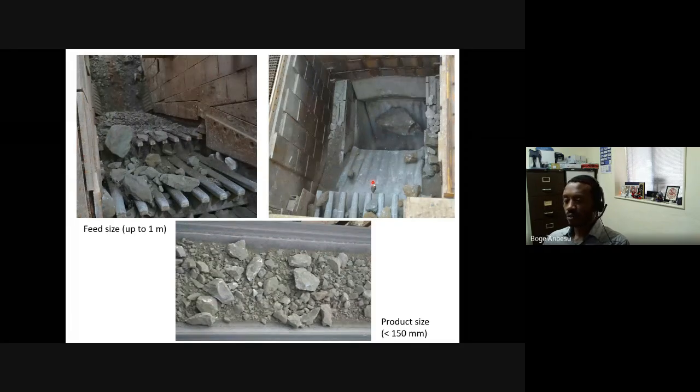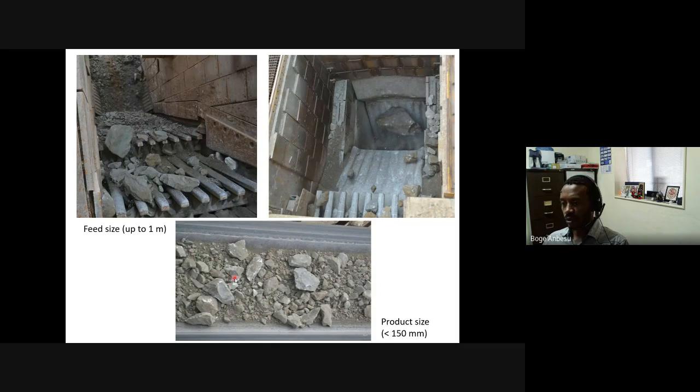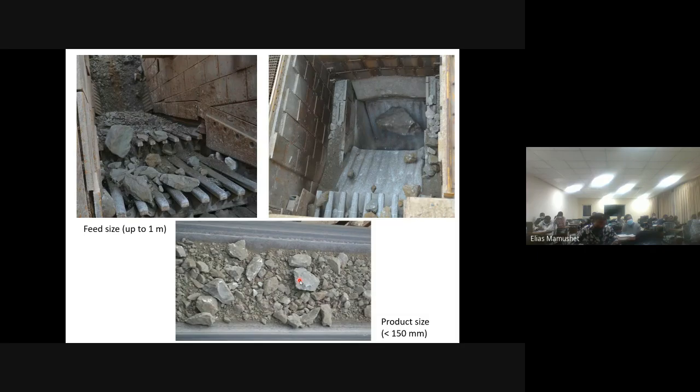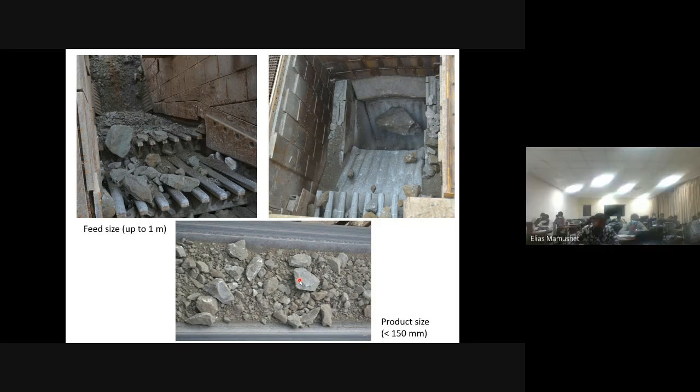And eventually, what you have is a product which looks like this one. Okay, and this is just a picture I have taken on a conveyor belt, which is going to a storage. Okay, so maybe you started with rock size of about 1 meter, and you produce rocks that are less than 150 millimeter in size.